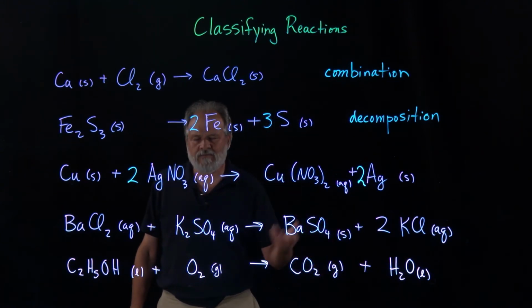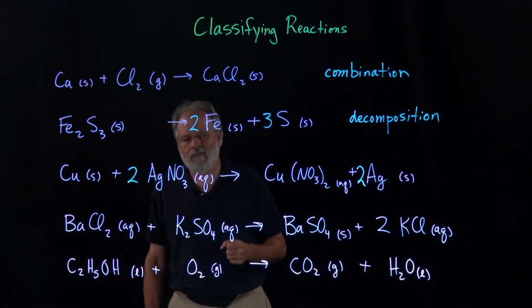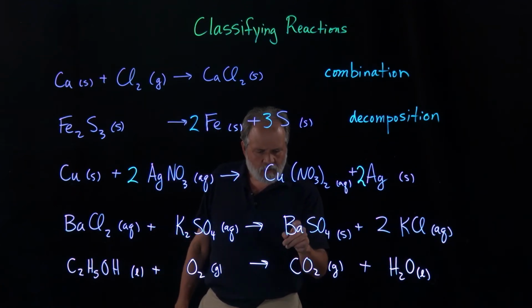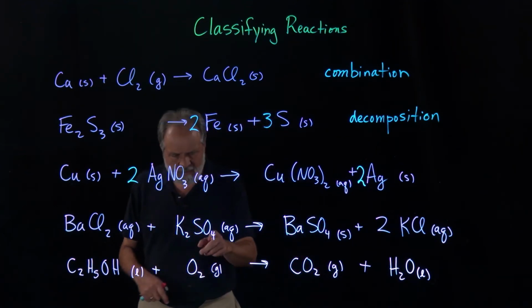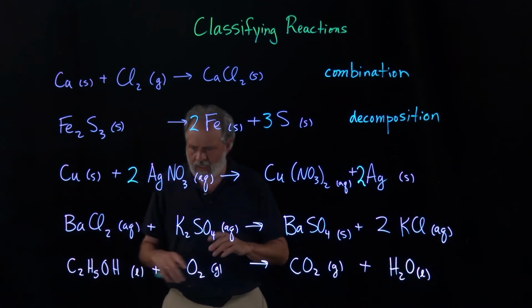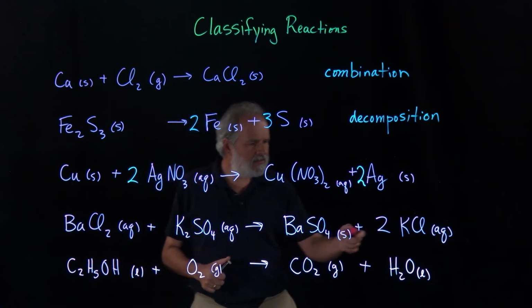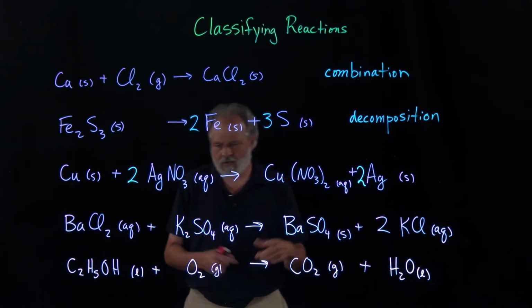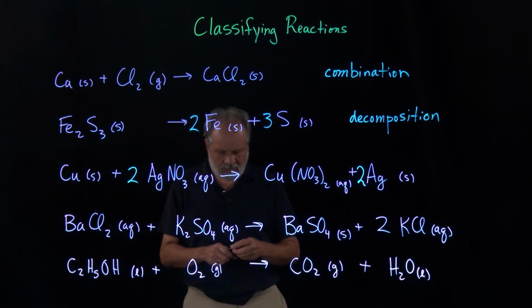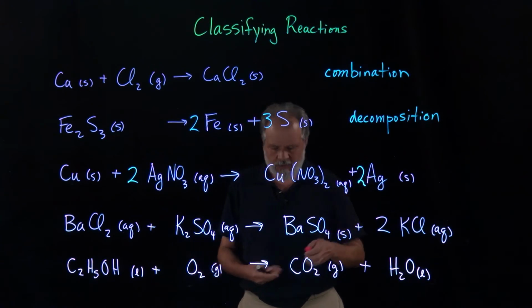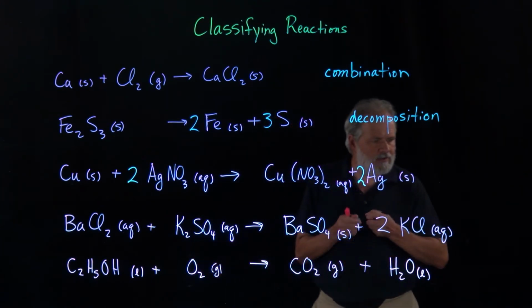A solid comes and settles out to the bottom. It's called precipitation. And so 1 barium, 1 sulfate, 1 barium, that's okay. 2 potassium ions, 2 chloride ions gives 2 potassium chloride ions. So I already balanced that for you. So this is single replacement, double replacement.